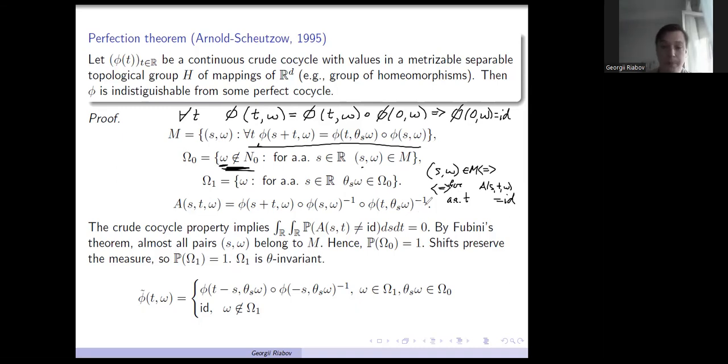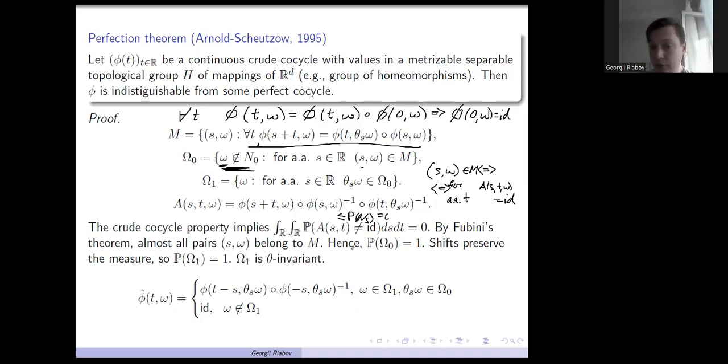Now let's note that the probability that A(s,t) is not equal to identity is less than the probability of the exceptional set Ns, because on the exceptional set Ns we have the cocycle property for all t.